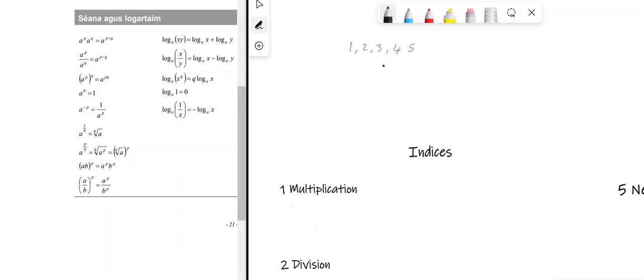Why are they useful? Because they allow us to count things. For example, if I wanted to count the number of letters in the word indices, I can say 1, 2, 3, 4, 5, 6, 7. We use natural numbers to keep a count on things.